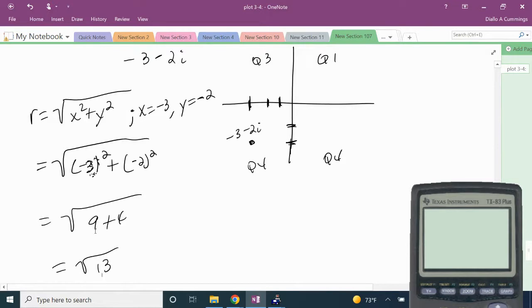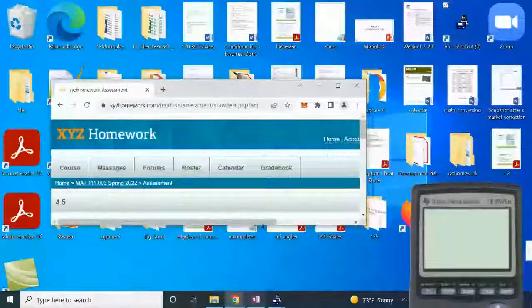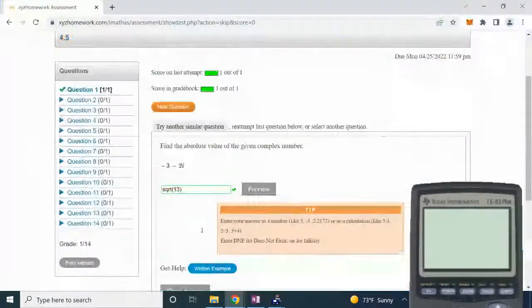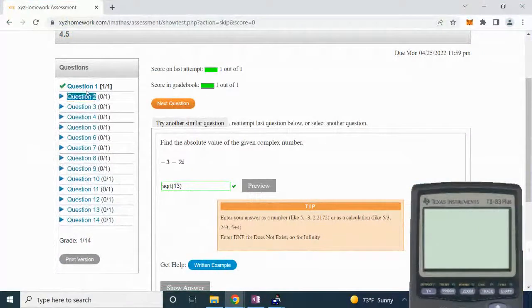So we have an absolute value of the square root of 13.